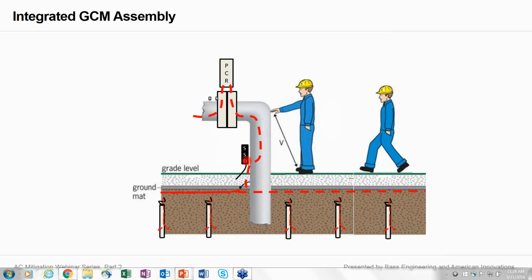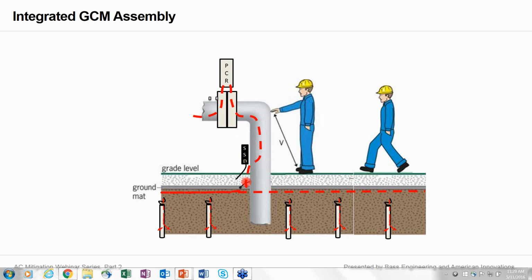In addition, we have to connect our gradient control mat to our pipeline. We're going to do that through a decoupler as well, in this case a solid state decoupler or SSD. So once again, what we're trying to depict is that in the event of a high voltage event on the pipeline, we can quickly dissipate that energy across the flange insulation kit, thus protecting the isolation joint.